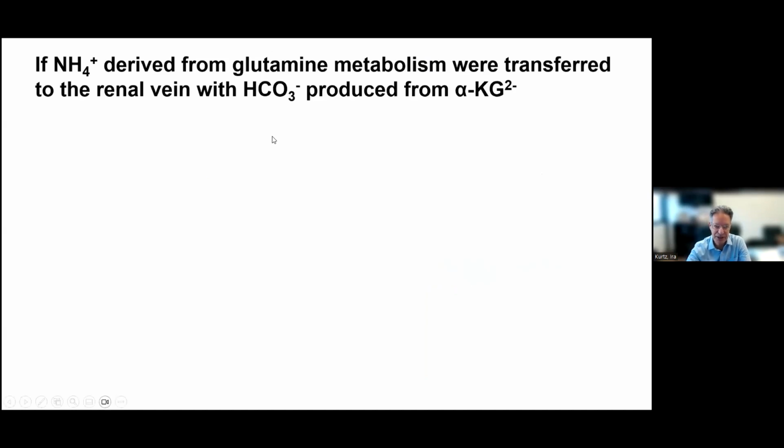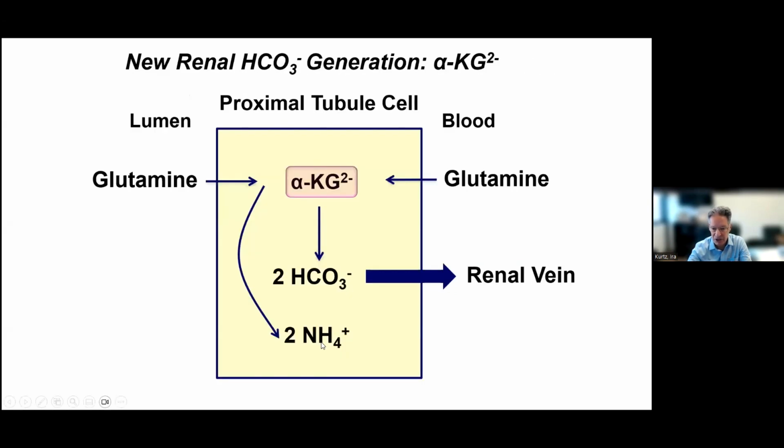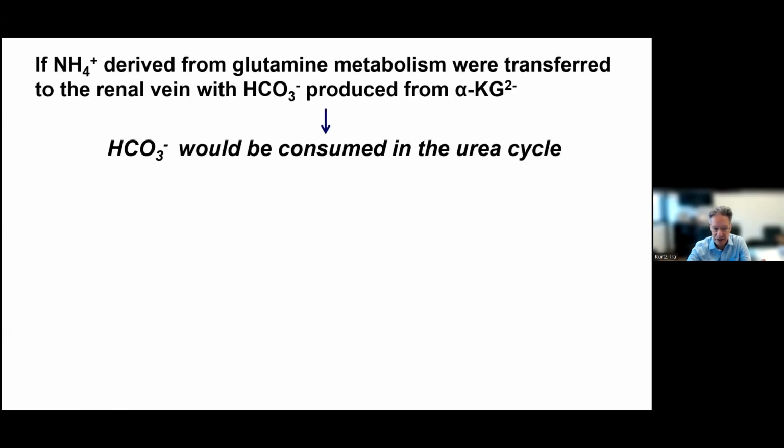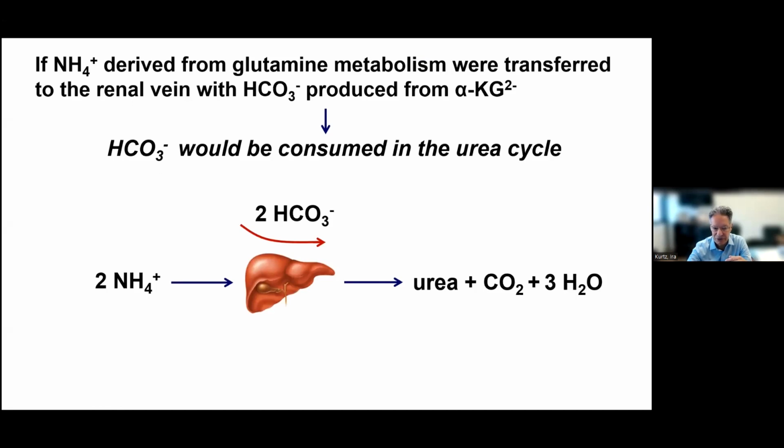But the key question is, if the ammonia that was made in this process in the mitochondria was sent only to the renal vein with the bicarbonate, so let's say the ammonia that's here with the bicarbonate, both were put into the renal vein, what would happen? Why should that not be occurring? The reason is you would just consume all that bicarbonate in the urea cycle. Urea comes from two ammonia and two bicarbonate ions.